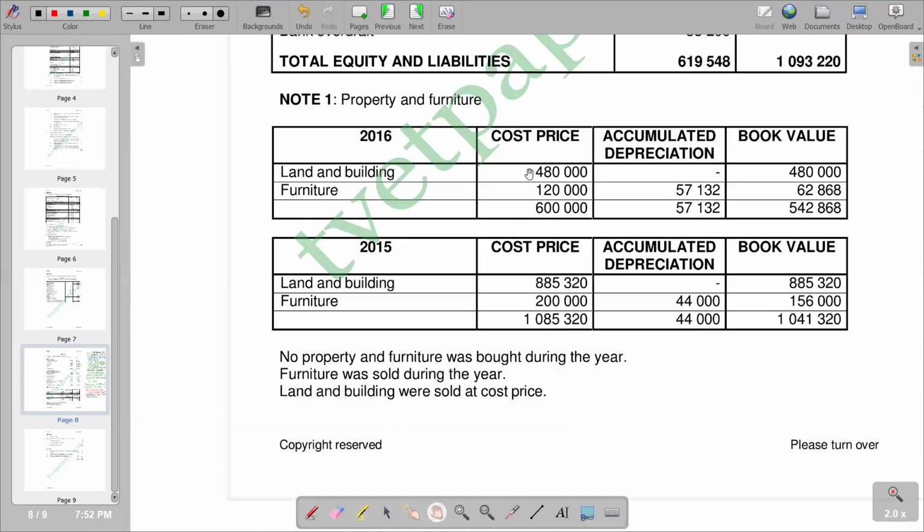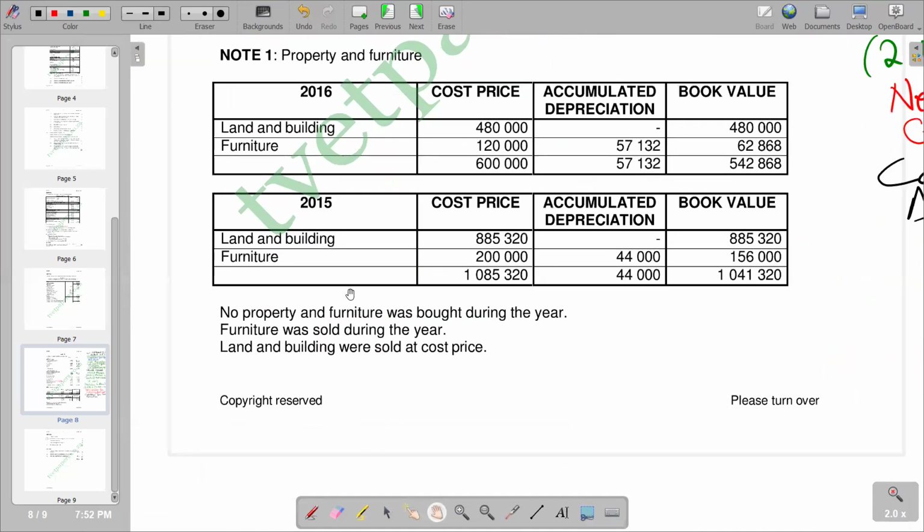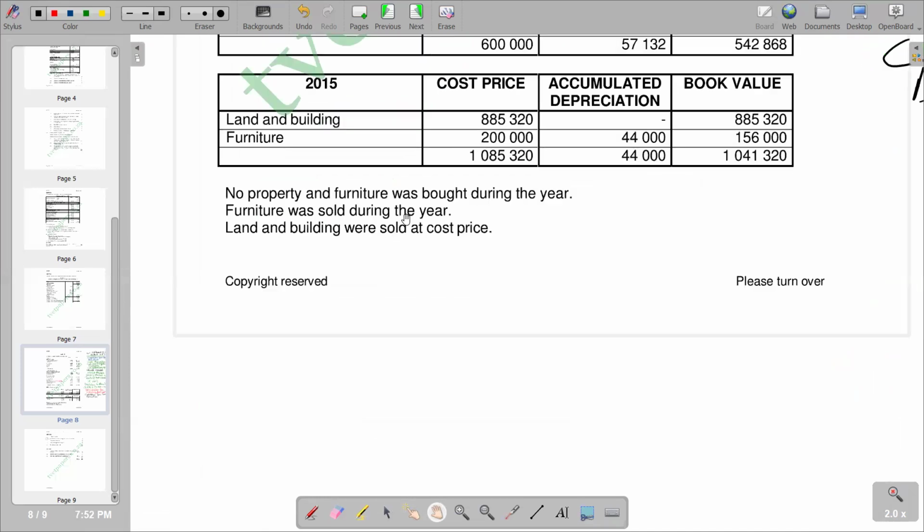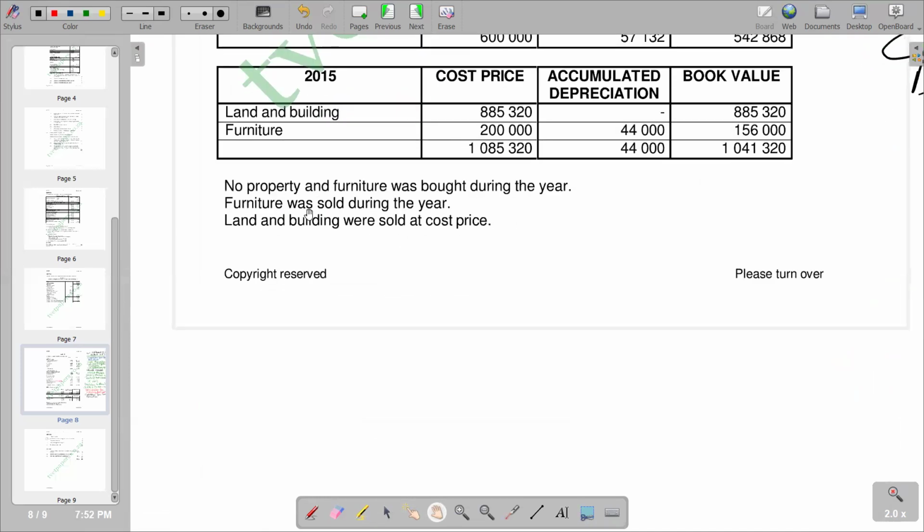That's where you can get the information, whereby we are told that no property furniture was bought during the year. Furniture was sold during the year. So we want to see it was sold for how much, and then landed buildings were sold at cost price. So we are going to have proceeds from sale of landed buildings. It is the simplest of the calculations. Proceeds from sale of landed buildings, because they are being said they were sold at cost price.